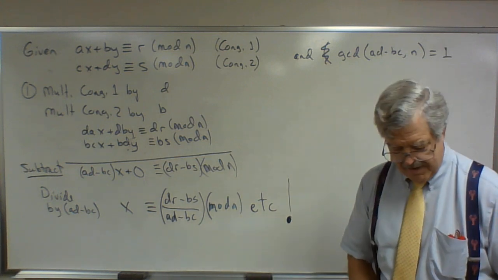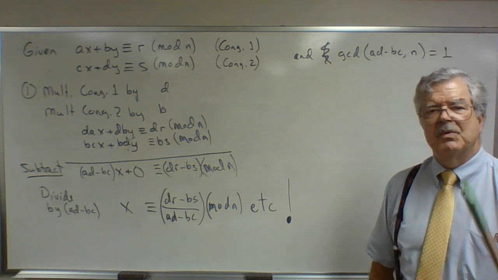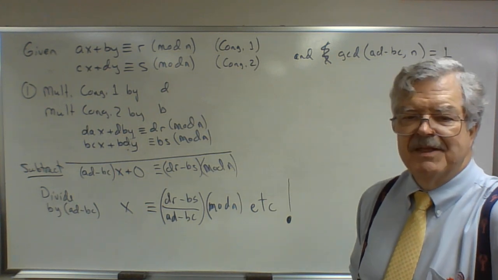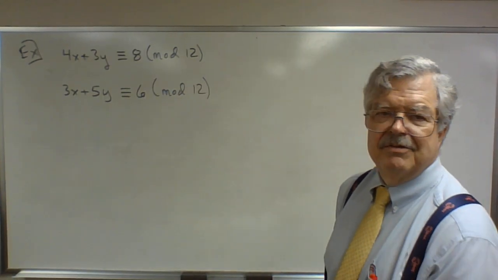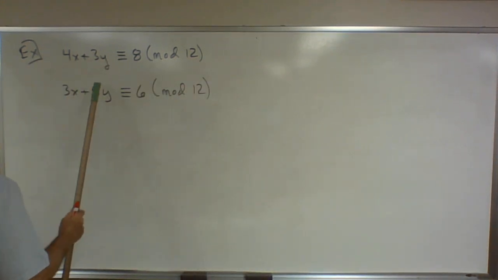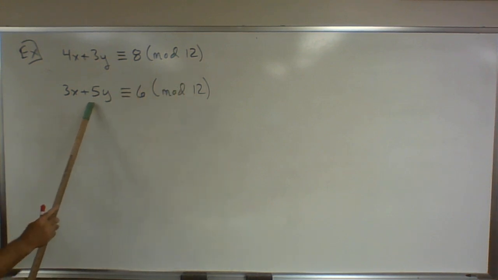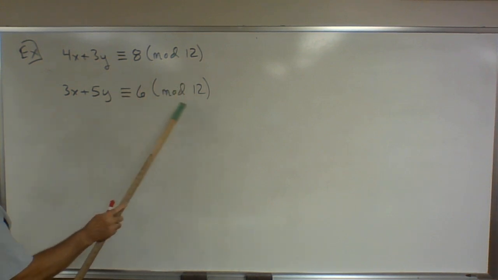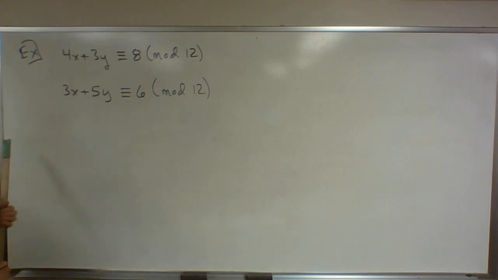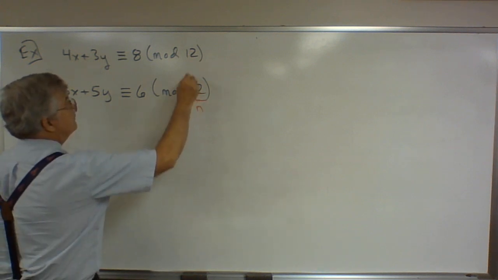Etc. Okay, enough preliminaries. Let's actually work one of these. Well, this looks like a nice one. 4x plus 3y is congruent to 8 mod 12. 3x plus 5y is congruent to 6 mod 12. So what are our main characters? This is n.